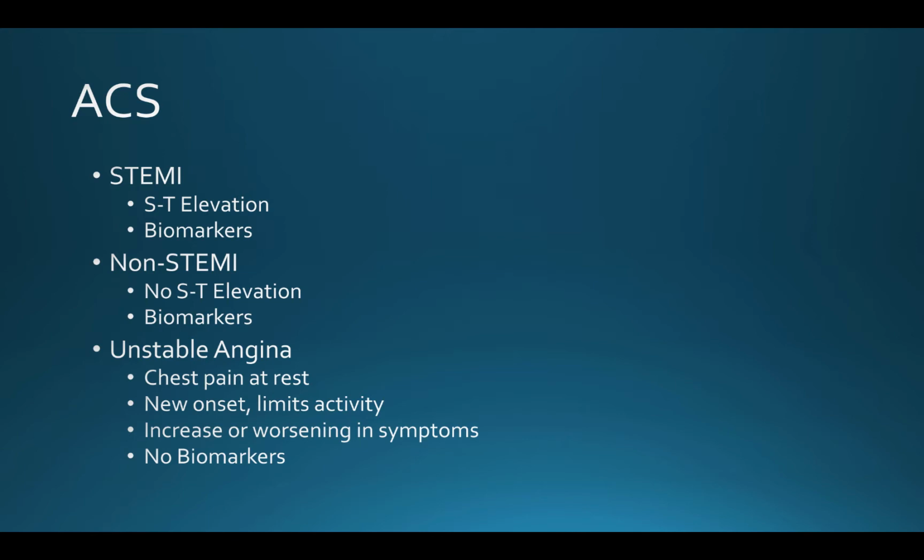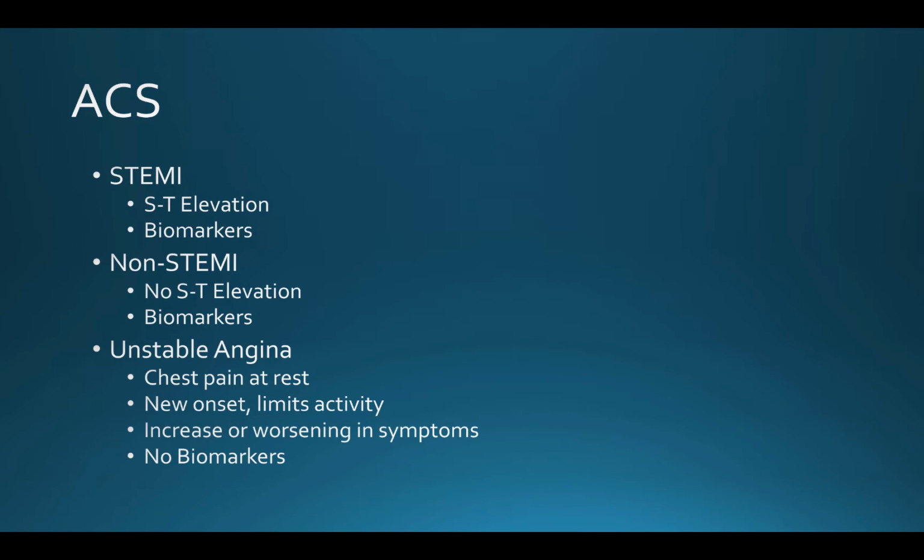That's kind of how I categorize them. And certainly, there might be situations where unstable angina is worse than a non-STEMI, depending upon what else is going on with a patient. But by and large, if you hear of a patient that has a STEMI, that's classically considered the big one in a heart attack in that situation.